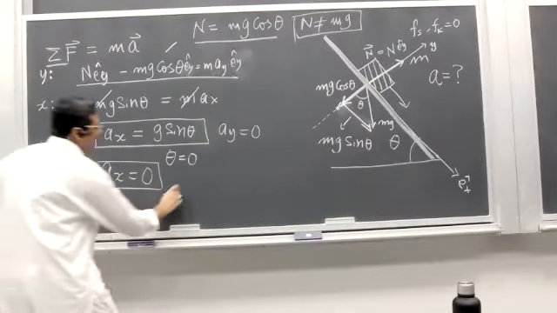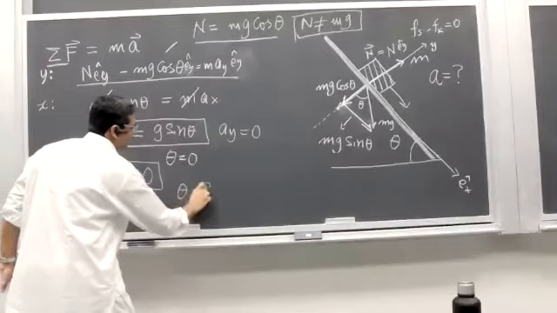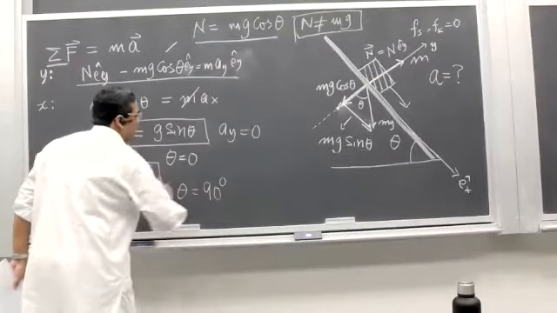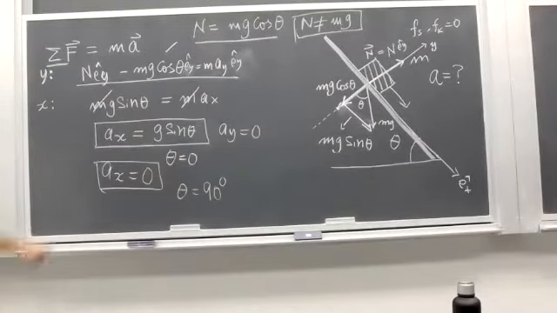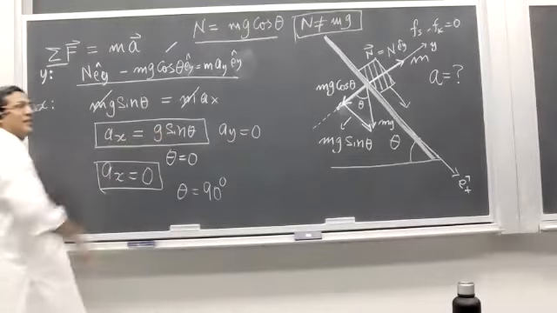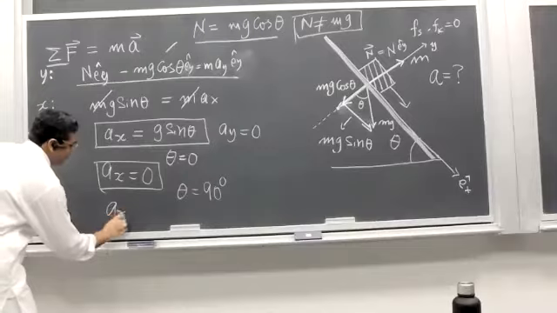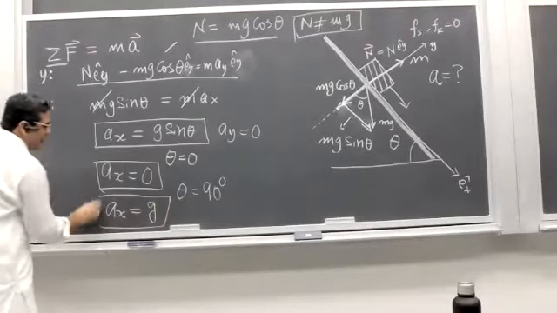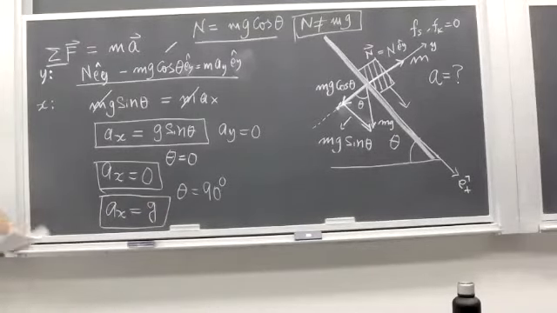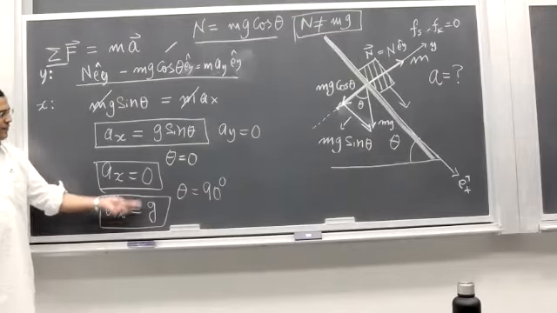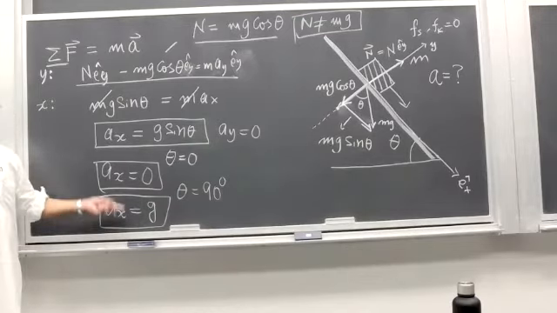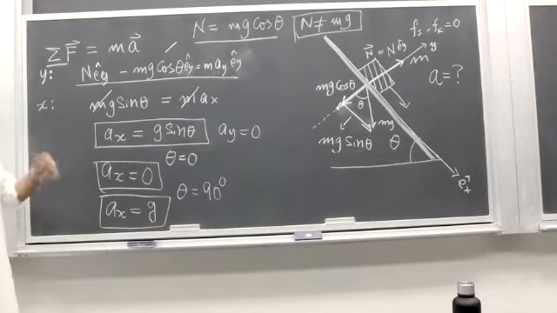Now substitute theta equals 90 degrees. Sine 90 is 1, and a_x is simply equal to the acceleration under gravity. See this? So we have recovered both extreme cases. It means our answer is correct.